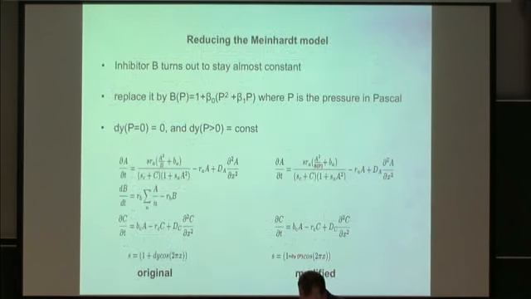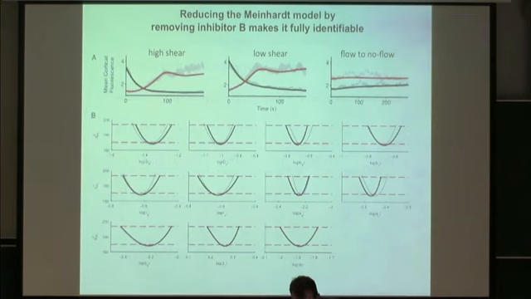We can fix that in case of the Meinhardt model very easily by realizing that this inhibitor B actually is almost always constant, and so we take it out of the equation and actually replace it by a function of the shear flow, and reduce it to a two variable model, and that is in the end fully identifiable.